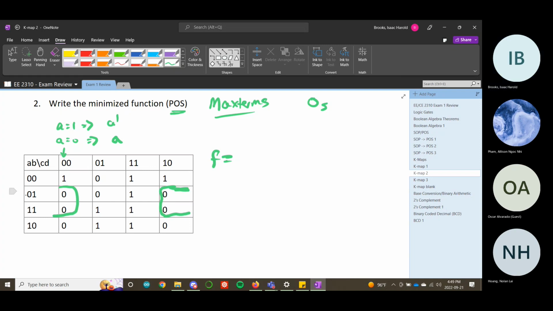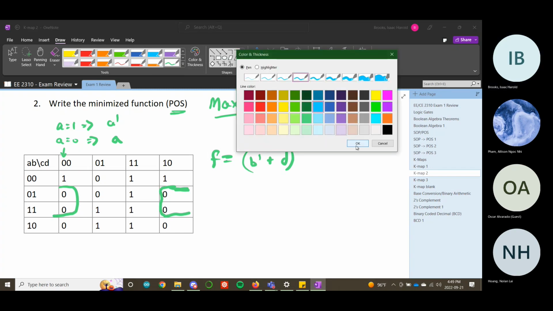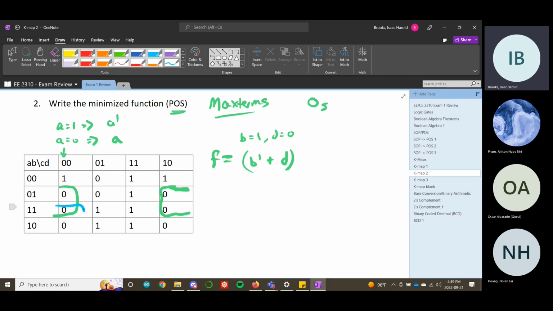This is f, function f. So in this case, what's staying the same? B is 1 and D is 0. So B equals 1, D equals 0. So the max term for that, remember when B is 1, we're gonna write B naught. And we're ORing D. So this is B naught or D. That's this circle.